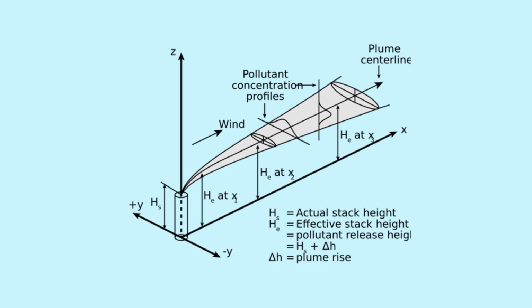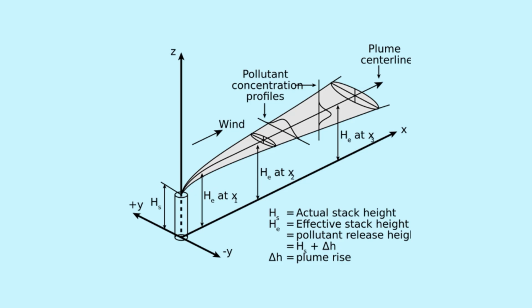That is, the plume that is released from the stack moves to a certain height and then disperses in the x, downwind direction. So that point is delta h, and small h plus delta h gives you the effective stack height.